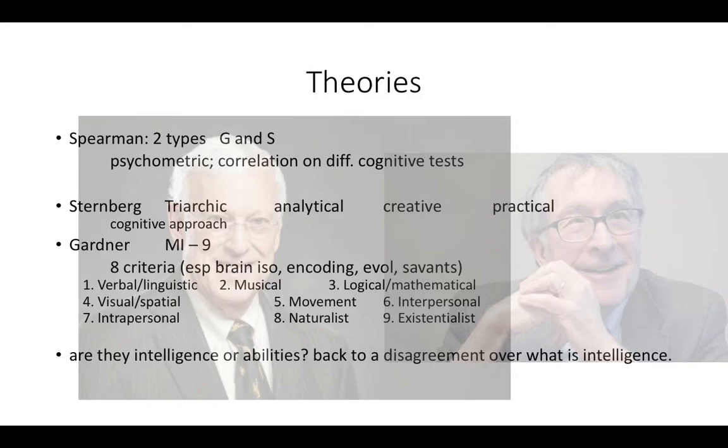So that's what Spearman was trying to do on his intelligence testing, was get it down to: is there one underlying intelligence? And that's what he came up with, is that there is one thing that you can call general intelligence. And he was careful to say G indicated the correlation.